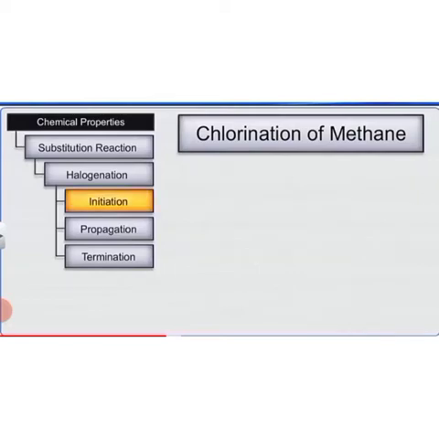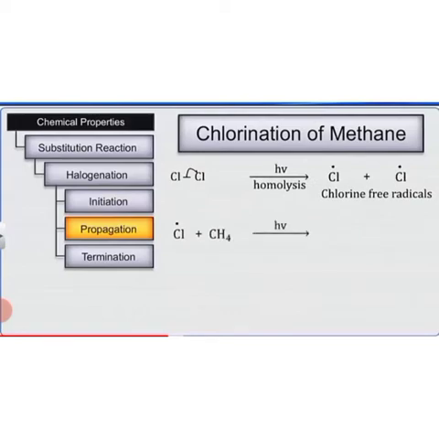During initiation, the chlorine molecule is homolyzed in the presence of heat or light, forming chlorine free radicals. During propagation, 2 reactions take place. First, the chlorine free radical attacks the methane molecule, forming a methyl free radical and hydrogen chloride.